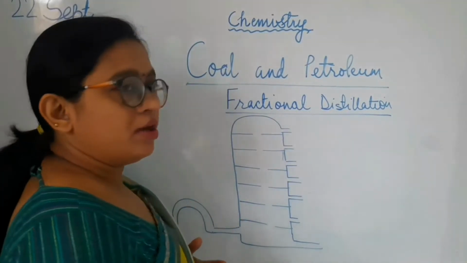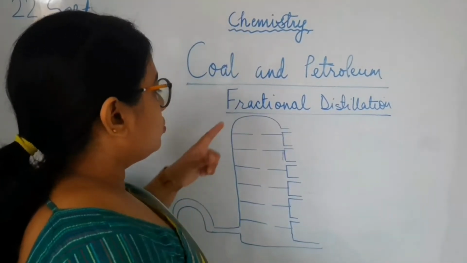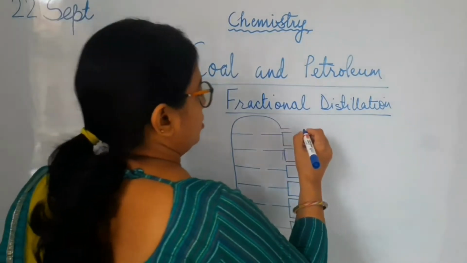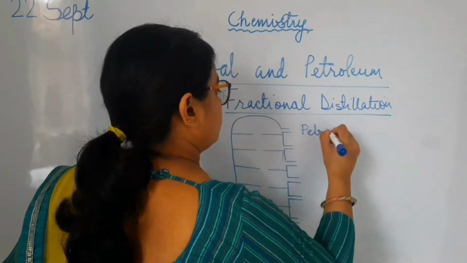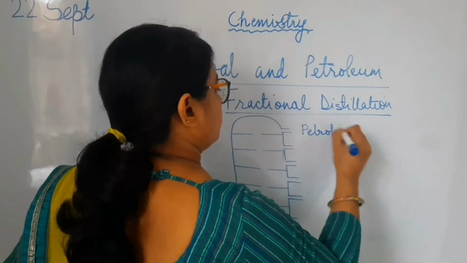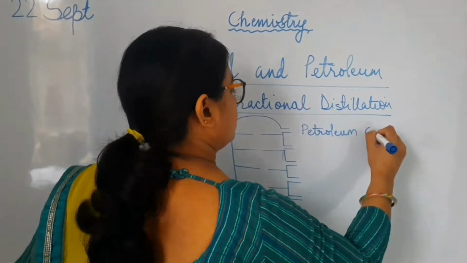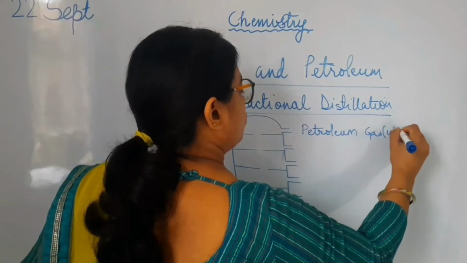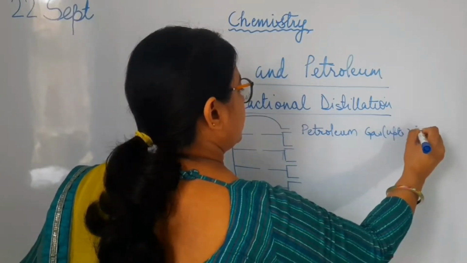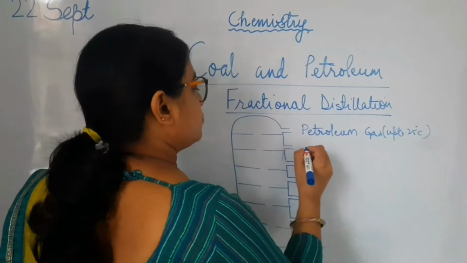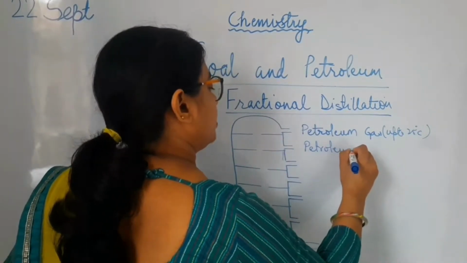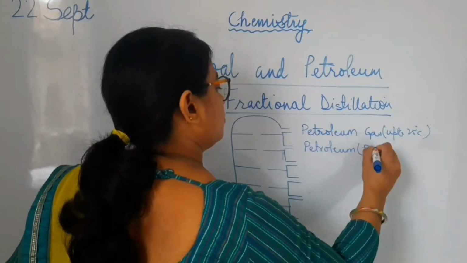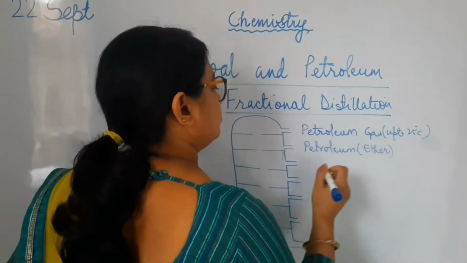Let's see at which column we are getting which component. First we will find petroleum gas up to 25 degrees Celsius. The next one we get is petroleum ether, again a hydrocarbon.